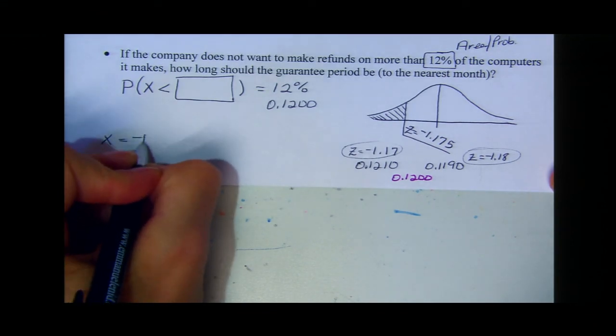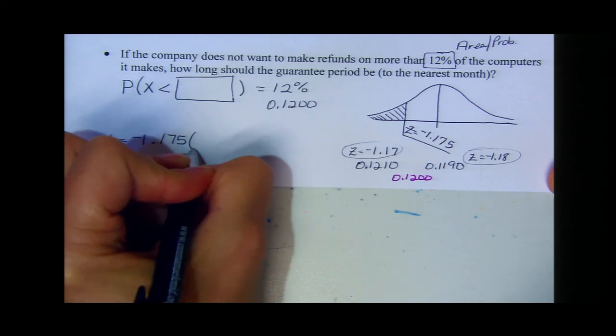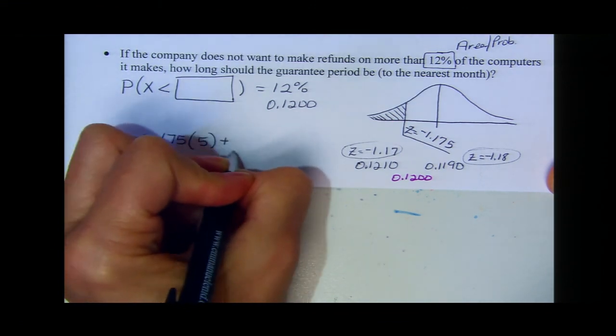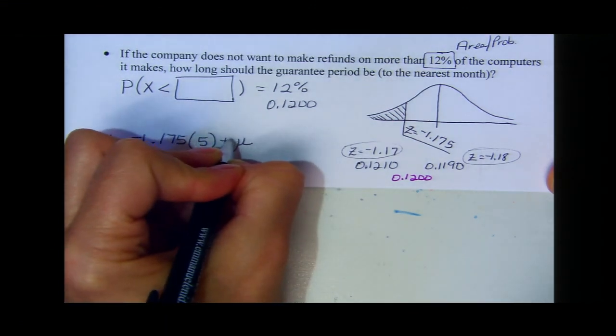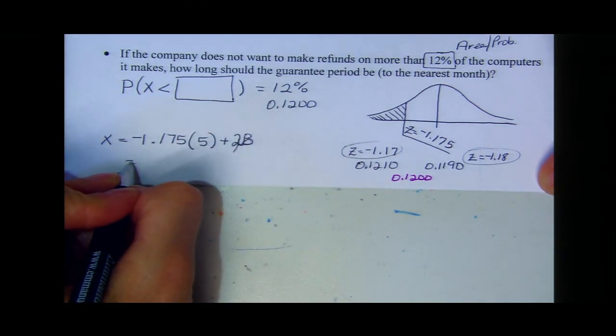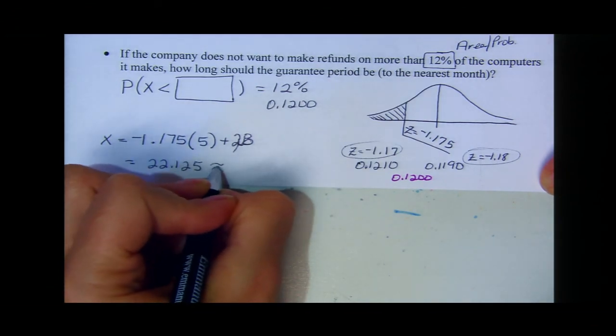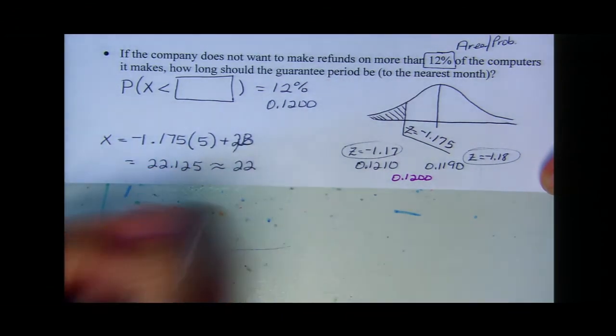So now to find this x, we're going to do negative 1.175 times sigma plus mu. Mu is 28, which equals 22.125. So I'm going to round that to 22.